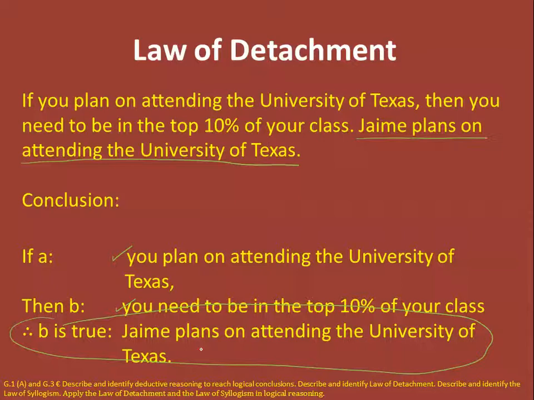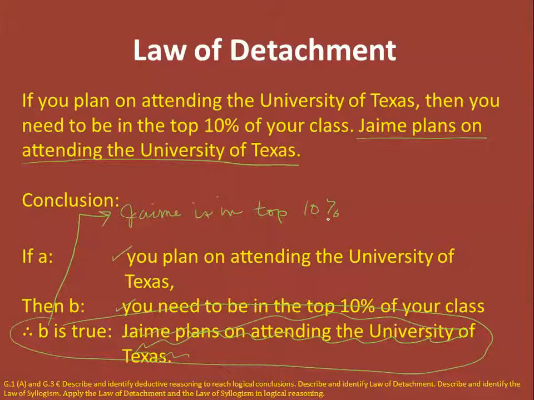Jamie plans on attending the University of Texas, and Miss Poor put these slides together too quick. The conclusion, I'm going to do this arrow right up here, is just like I said on the previous slide: Jamie is in top 10%. Which I think that's been lowered to 5% for UT, but I'm not positive. Sorry if that confused you, because I accidentally put the wrong phrase in there.